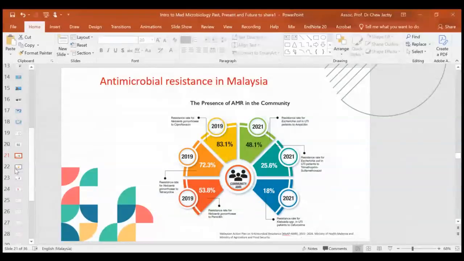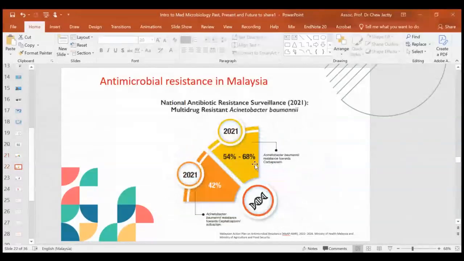And also, if you look at another species, a very common bacteria species found in patients who are hospitalized is Acinetobacter baumannii. In 2021, 54 to 68% of these bacteria found on patients in hospital are resistant against one of the groups of antibiotics called carbapenem.